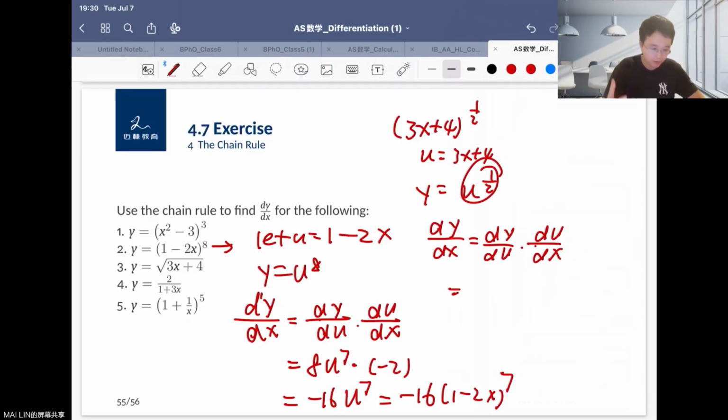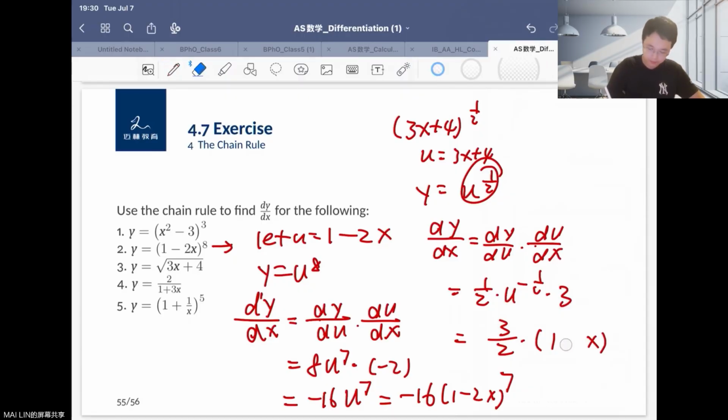So first we have to differentiate it. Just consider u equals 3x plus 4, so y equals u to the power of a half. dy over dx can be considered as dy over du times du over dx. So it's a half times u to the power of negative a half, and then times du over dx, which for 3x plus 4 is 3. So that is 3 over 2 times (3x plus 4) to the power of negative a half. Okay, that is the third problem.